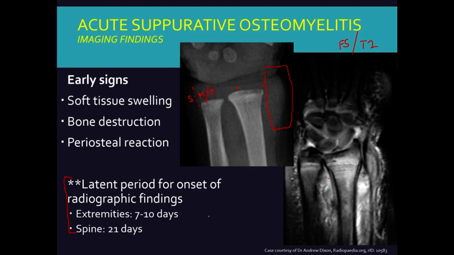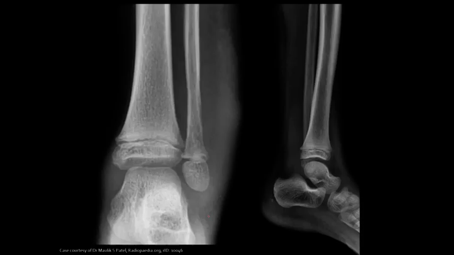Potentially a CT, though I wouldn't want to CT a young kid. MRI is going to be a much better modality to use. So again, if you're considering infection as a cause, MRI, with and without contrast, is going to be our main tool used, or a better tool used.